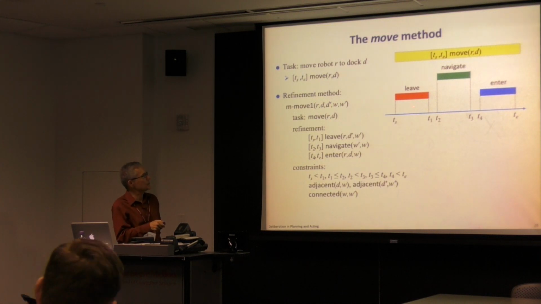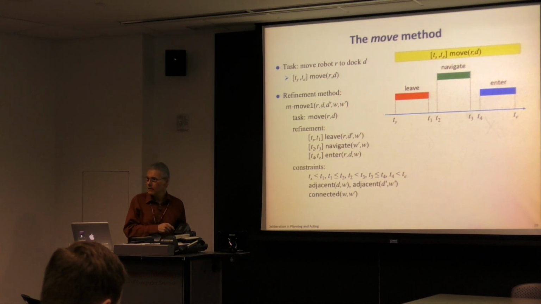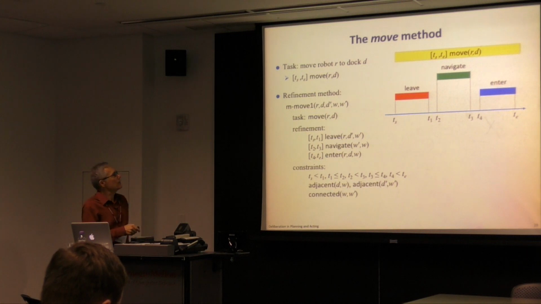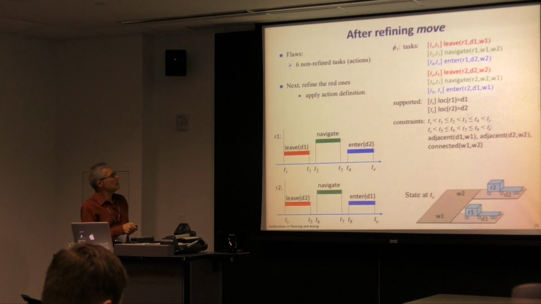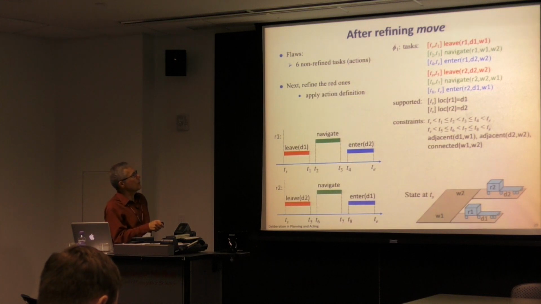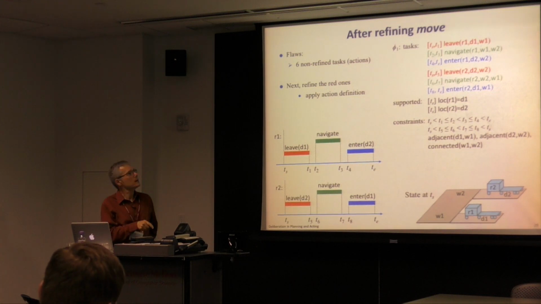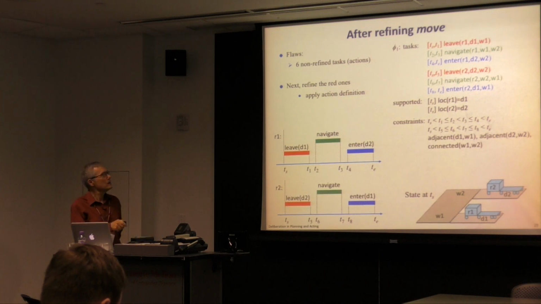It takes the move task and decomposes it into a leave, a navigate, and an enter. All right? So we apply that twice. And we end up with two copies of this, one for Robot 1 and one for Robot 2. And I have color-coded these things to try to help you keep track of them. Okay? So these three are for Robot 1, these three are for Robot 2.